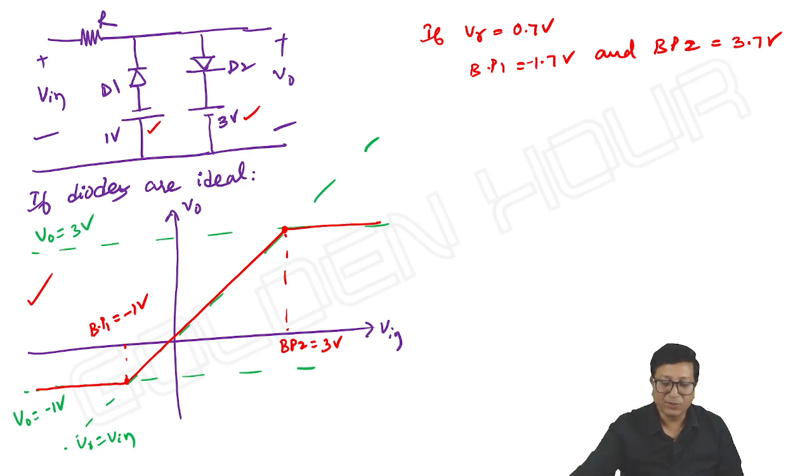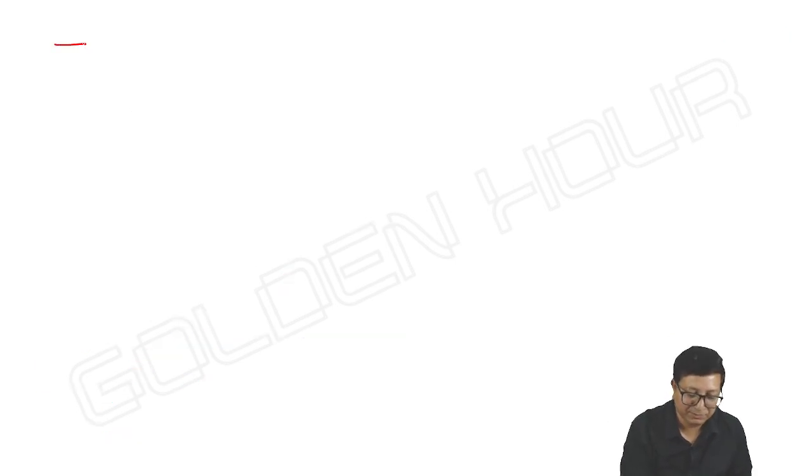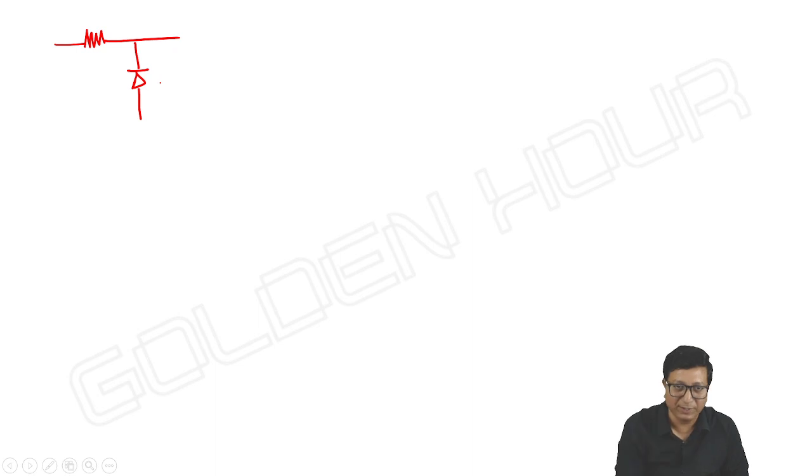And suppose in a similar circuit I'm taking here, for our understanding purpose, I am writing D1, the diode directed upwards, first. It is not mandatory. Suppose it is connected to minus 4 volts.